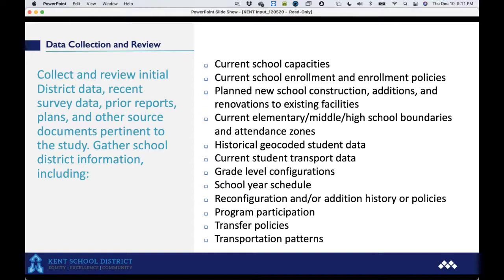We gathered school district information, including current school capacity, current school enrollment and enrollment policies, planned new school construction, additions, and renovations to existing facilities, current elementary, middle, and high school boundaries and attendance zones, historical geocoded student data, current student transportation data, grade level configuration, school year schedule, reconfiguration and/or addition history or policies, program participation, transfer policies, transportation patterns, and a few others.